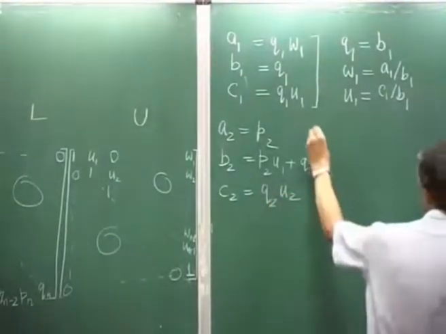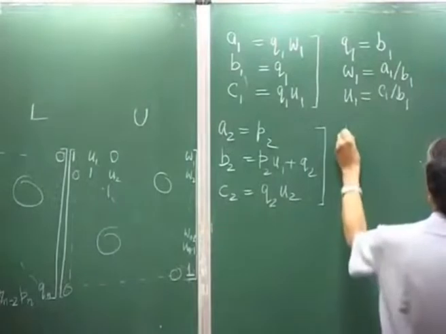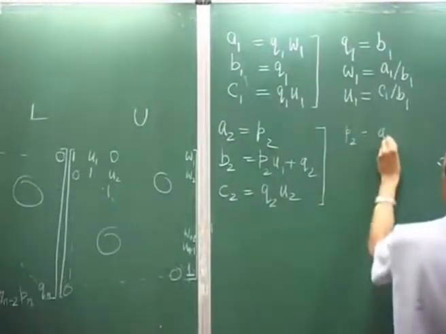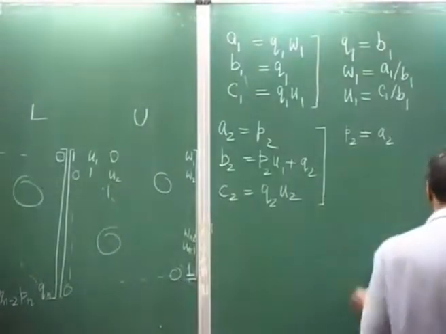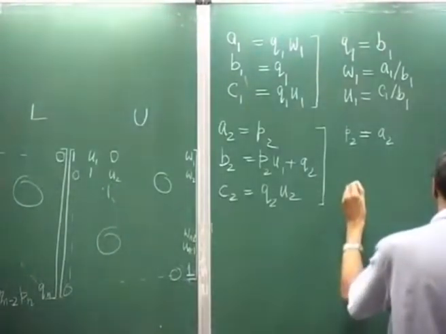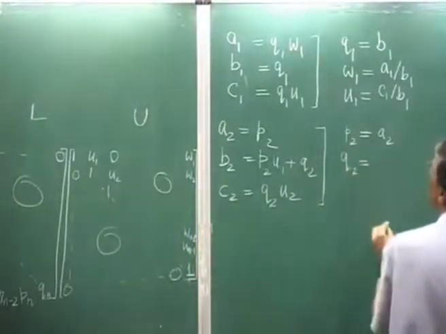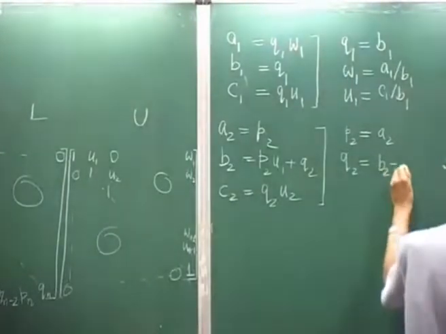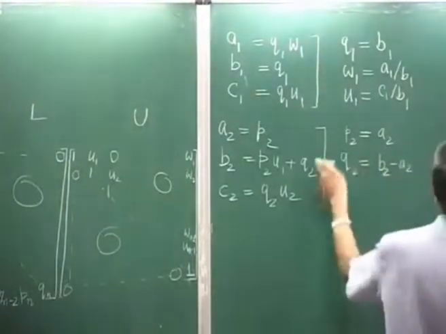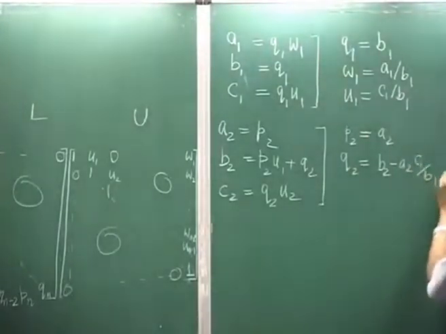So, again you have a handle on the problem, and that tells you your P 2 is nothing but A 2, and then we estimate Q 2 from the second equation, that would be B 2 minus A 2 U 1, and U 1 is here, so C 1 by B 1, right.